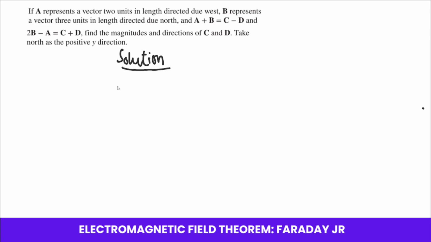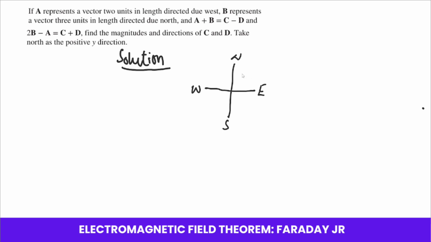Okay, so from the question, we are asked to take north as the positive y direction, hence we are going to use the xy Cartesian plane. This is our north, our south, our east, and then we have our west.